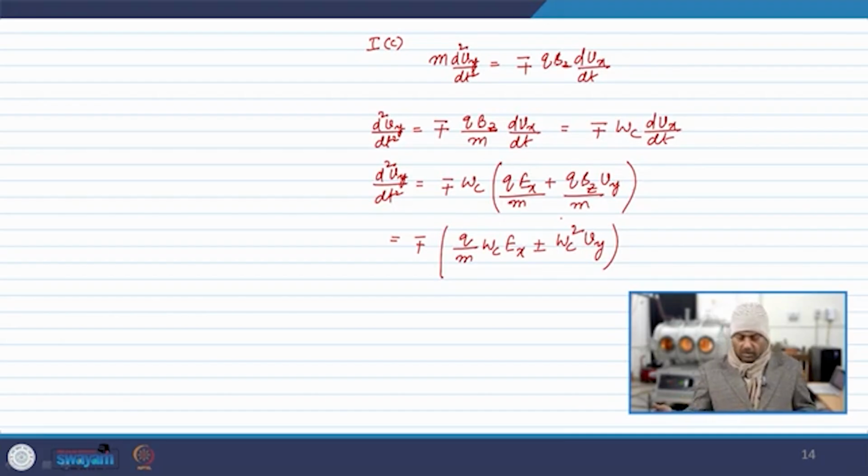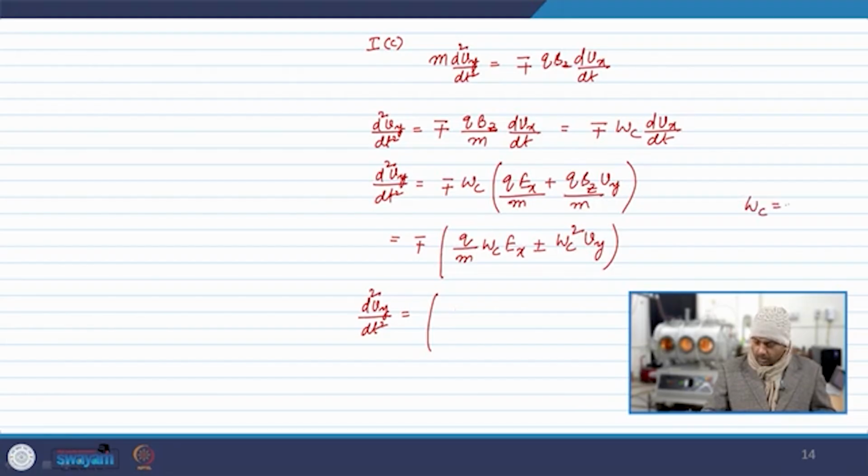Omega c is already there, so it will multiply and we will have omega c square. And d square Vy by dt square is, taking this minus plus inside, I will be able to write q by m omega c. qB by m is omega c, right. q by m is omega c by B. That means I have to write omega c square by Bz Ex.